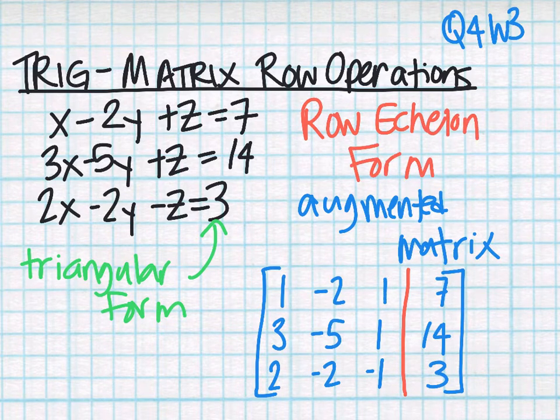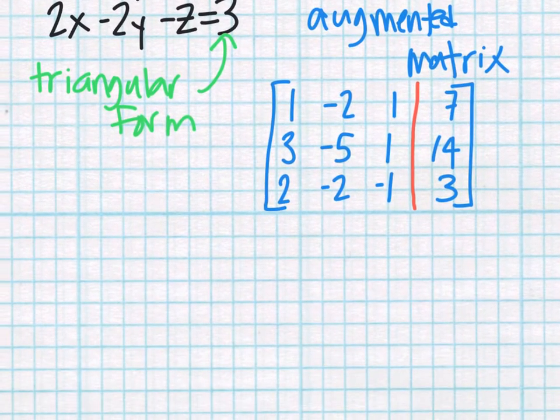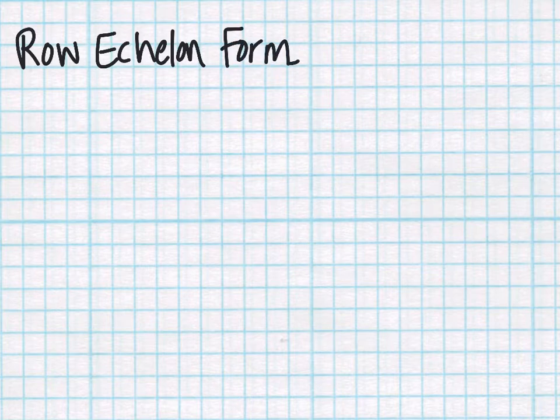So how do we know if an augmented matrix is in row echelon form? Well, there's a couple of things that we need to look at. So let's get a little more space down here and talk about row echelon form. How do I know if it's in row echelon form?